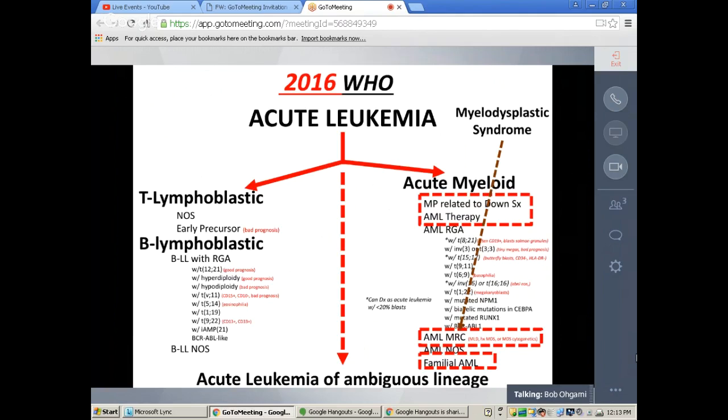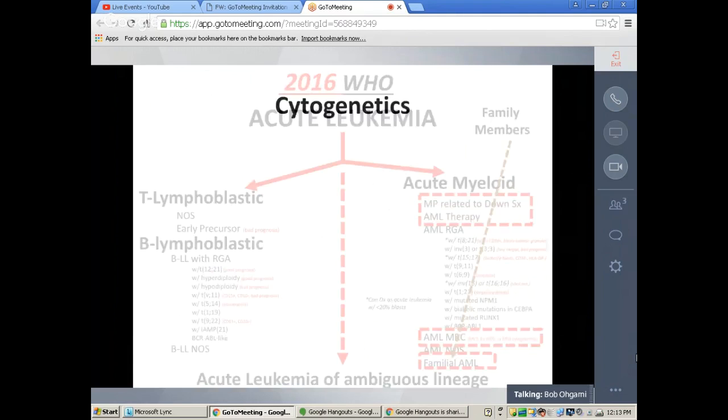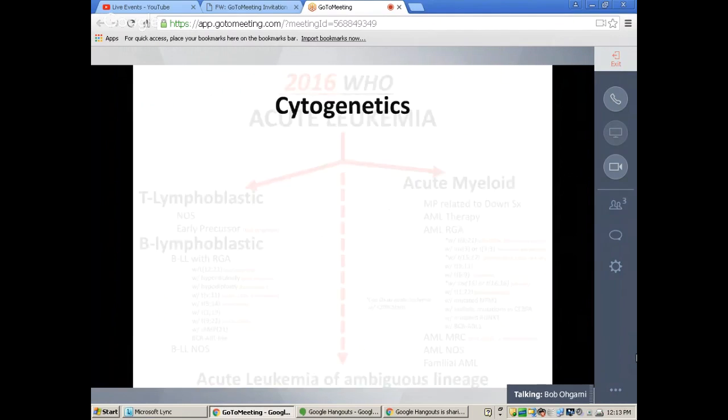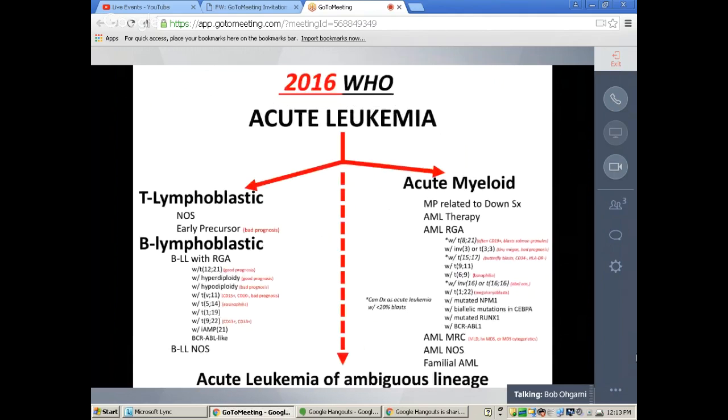If you have a history of a myelodysplastic syndrome in the past, then that can cause you to head into a subclassification of acute myeloid leukemia with myelodysplasia-related changes. If you have family members and you have germline mutations that would dictate that you fall into a familial AML, then that's also important. And cytogenetics are also critical for, again, subclassifying our acute leukemias.